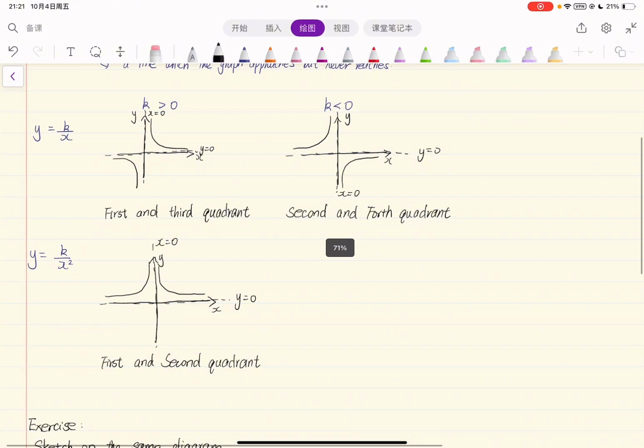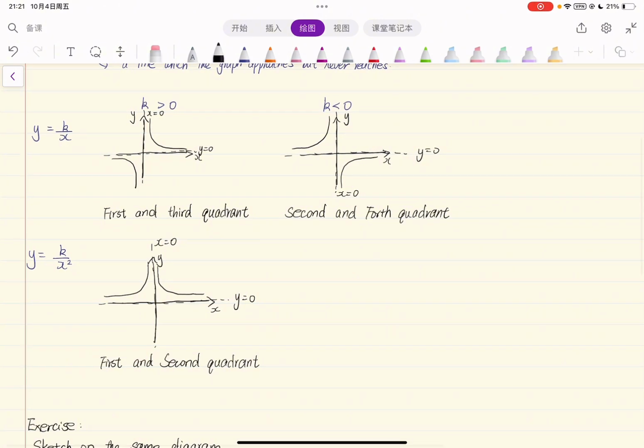Now if k is less than 0, with the x-axis and the y-axis, the asymptotes are still y equals 0 and x equals 0.